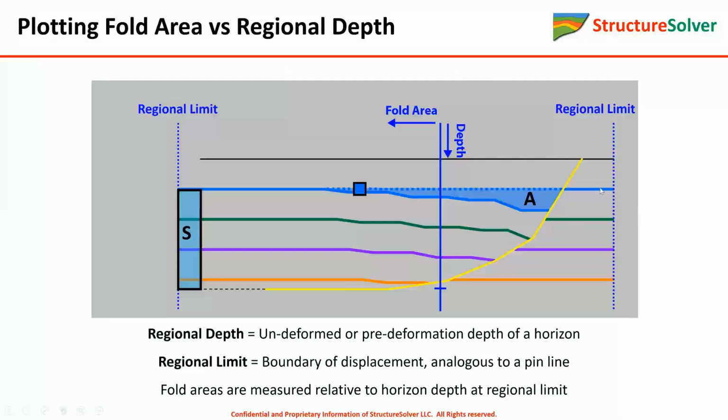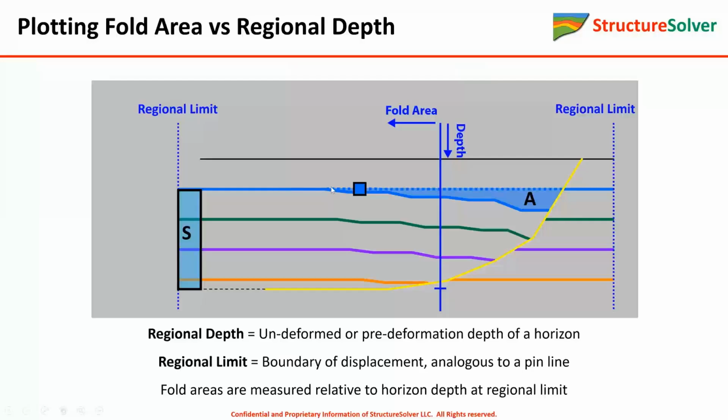And then we're measuring these fold areas relative to the depth of these horizons, the regional depth. And so that's defined as the undeformed or pre-deformation depth of a horizon. And so the way we implement this is what we refer to as a regional limit. So on either end of the structure, we have these regional limits that essentially define the depth in the footwall and the regional depth in the hanging wall.